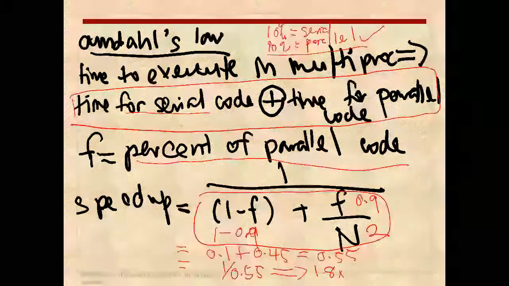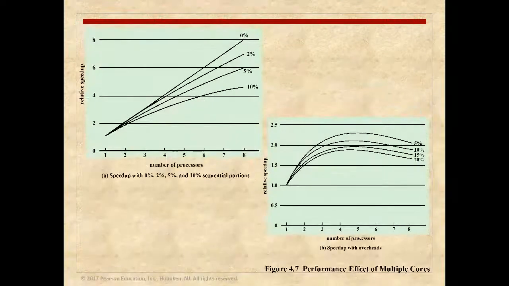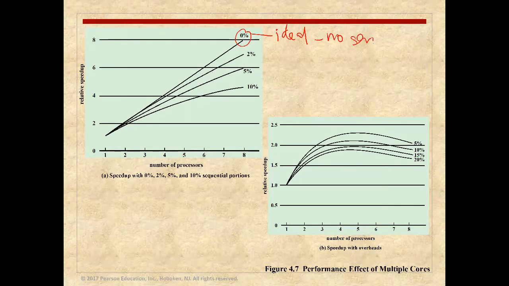All right, so I hope you understand. With that explanation, you can understand the diagram. This one is the ideal situation where there is no serial code. If you have two processors, you get 2 times speed.